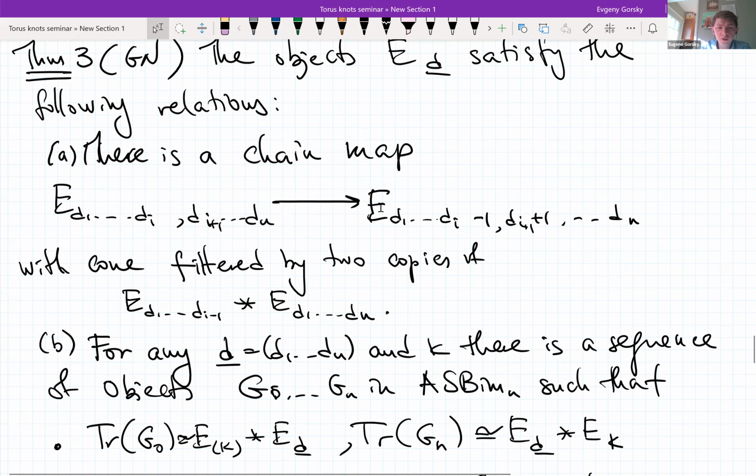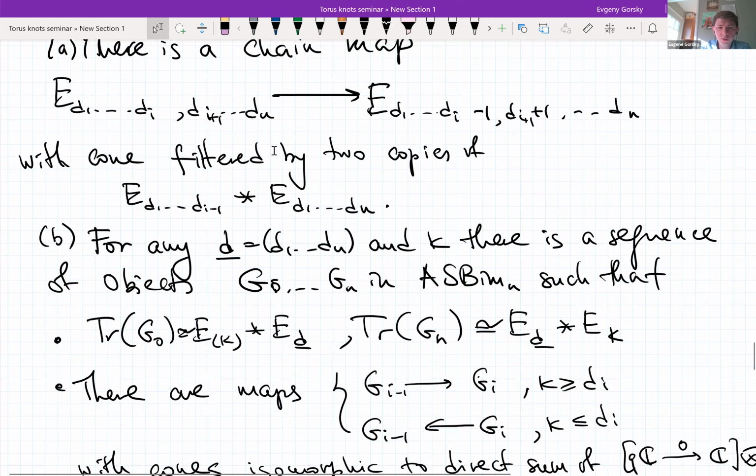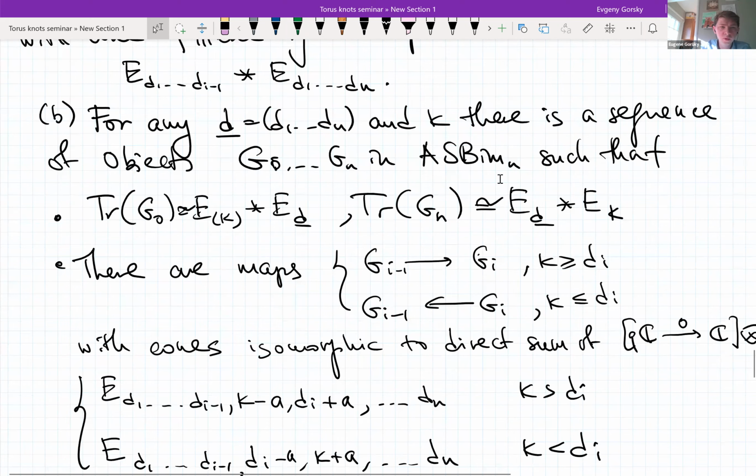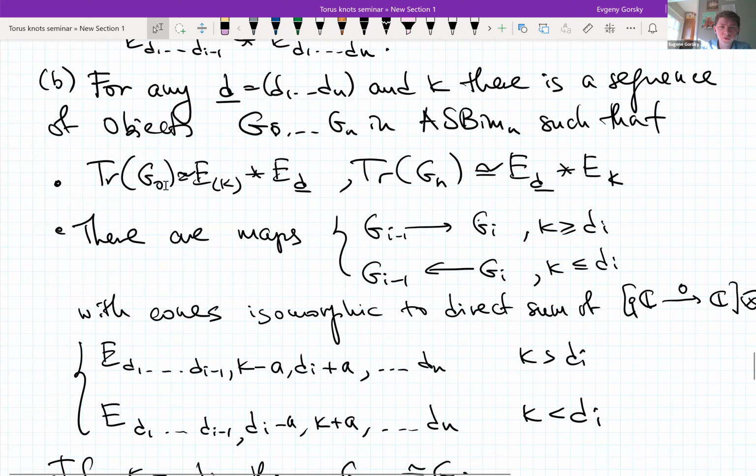And the more interesting relation is that we have D, a vector of D's, and a single K. And so the claim is that there is a sequence of objects, G0 up to Gn, in affine circular bimodules with the following properties. So the trace of G0 is just the product of E_K and E_D, where K is in front of D. The trace of the last one, Gn, is the skein product of E_D and E_K, where E_K is in the back.